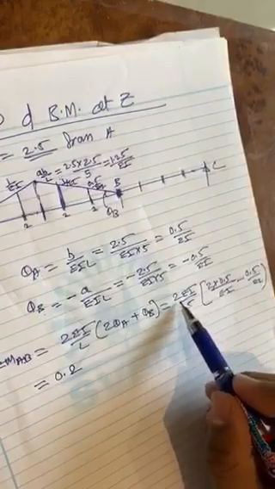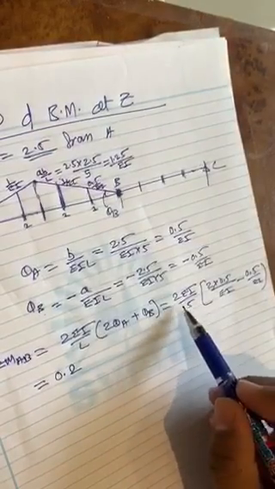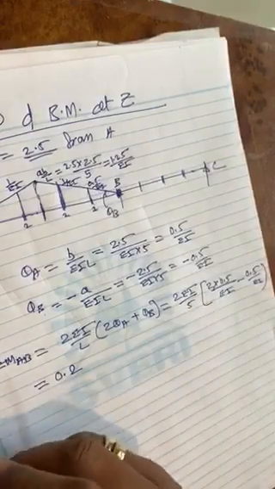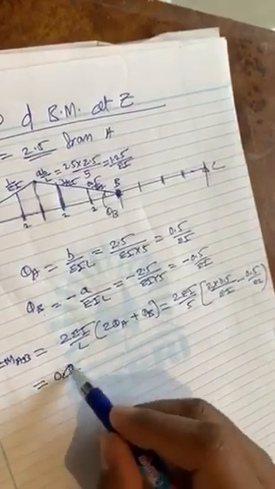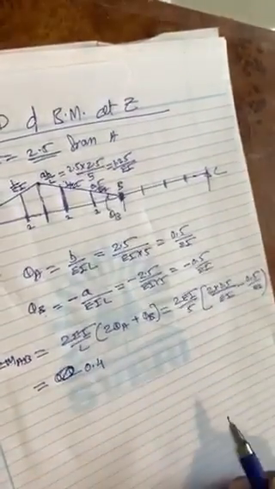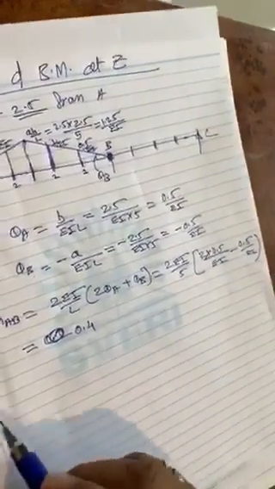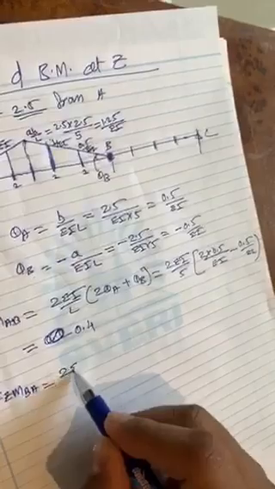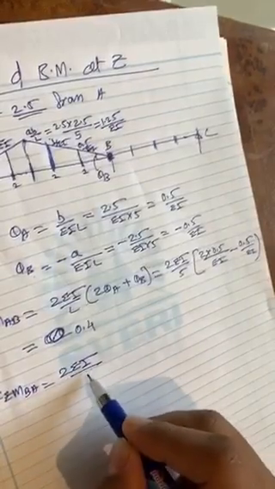Something wrong here. So 2 by 5 is how much? 0.4, I guess. Sorry, this is 0.4.